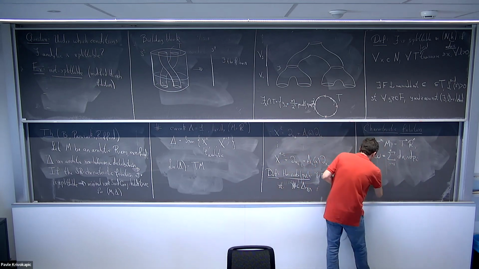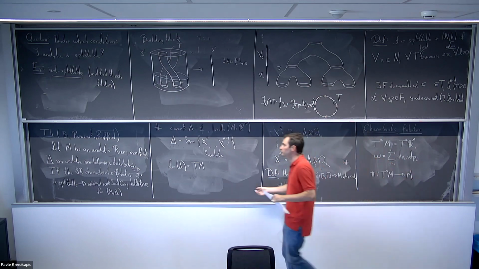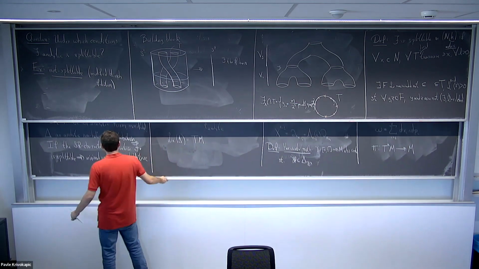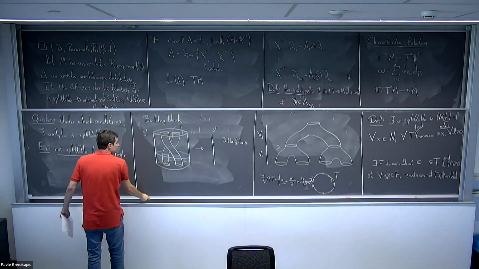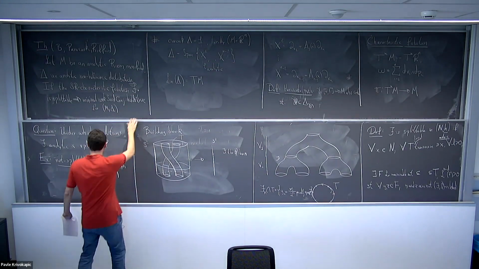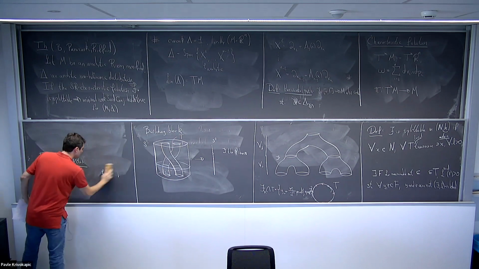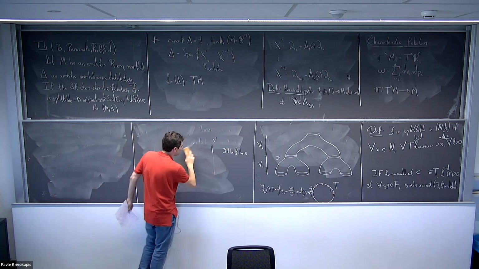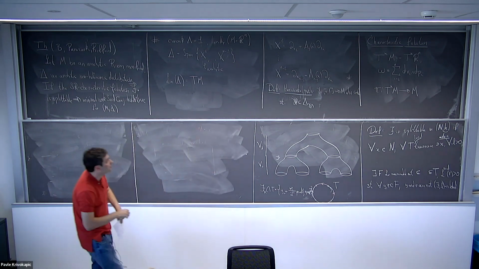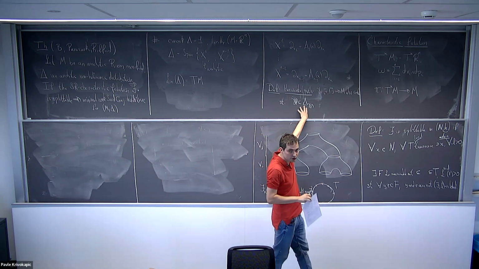And I will take the usual canonical projection to M. So an important object in sub-Riemann geometry, as we're going to see, is some special family of paths, which has a characterization in the cotangent bundle.